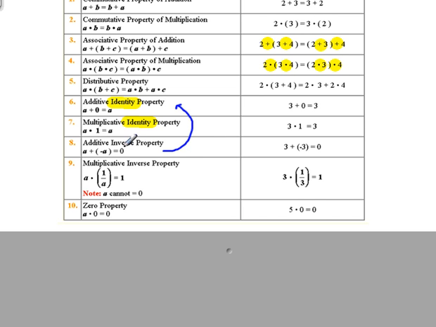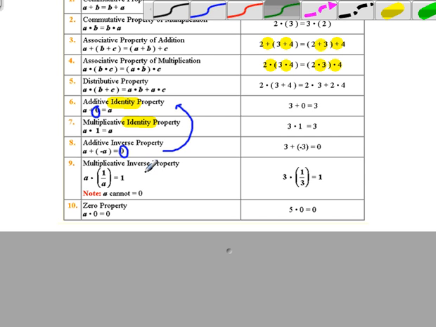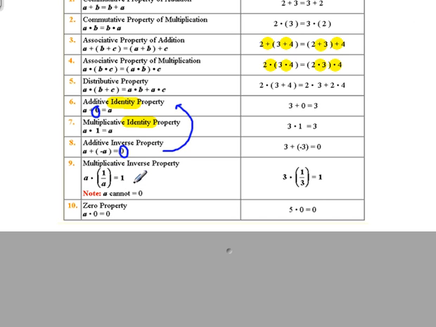So it's not a coincidence here that you have this and you have this. Same thing with multiplication. If you look at the multiplicative inverse, we call that the reciprocal, it gets us back to the multiplicative identity. Okay? So that is not an accident, and we will be using that tomorrow in our work that we're going to do.